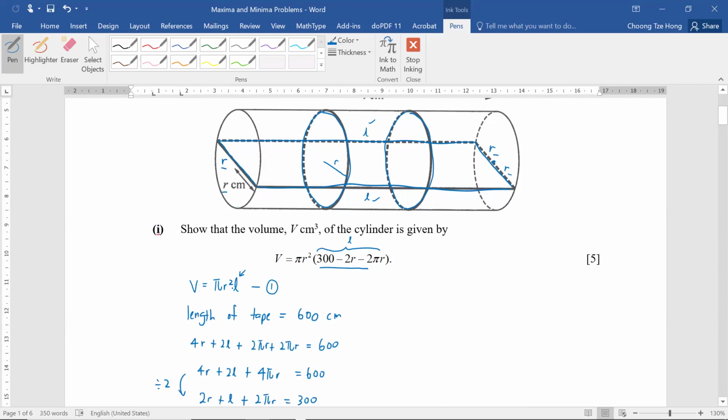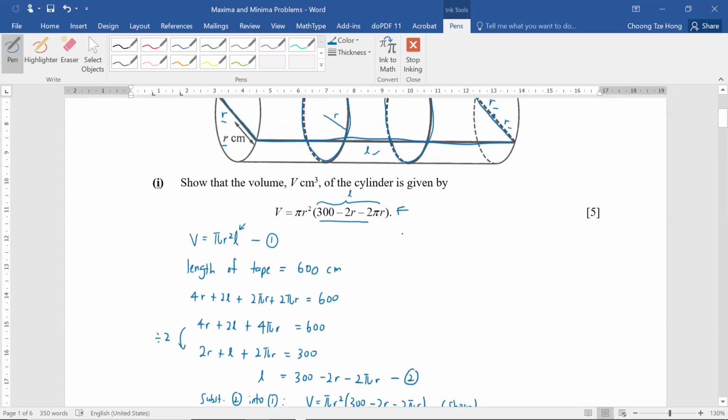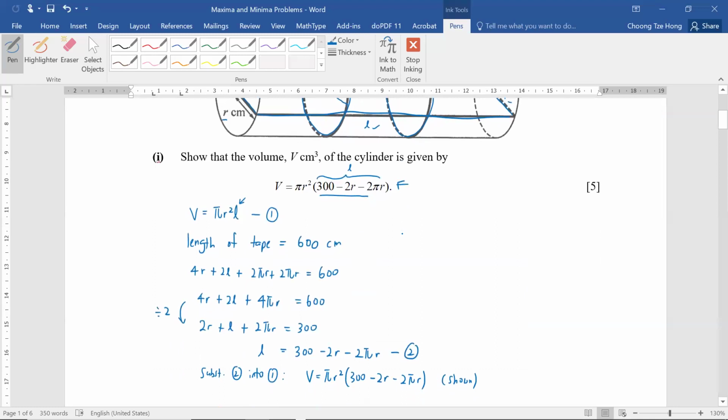Now what we want to do is sub away this L, because the expression that they want us to show does not have L inside. So we need to make use of the info given in the question, in this case the total length of the tape, to form an equation. Then we make L the subject, and then we sub it away from the first equation. So this is how it works.